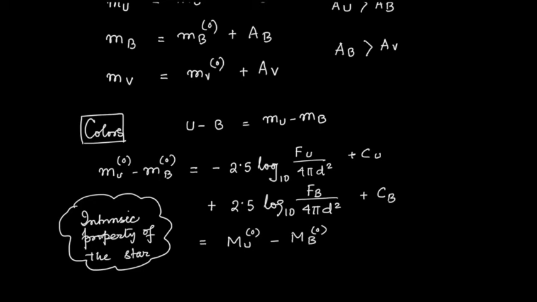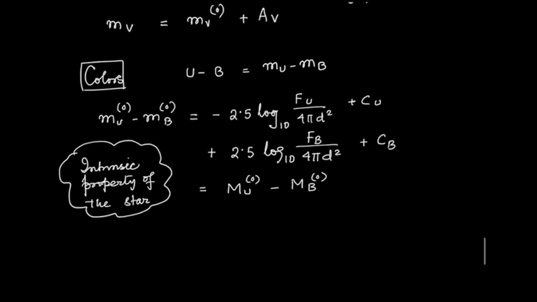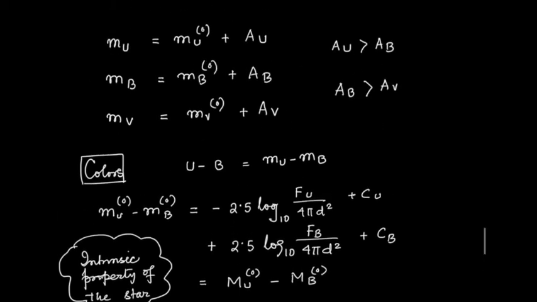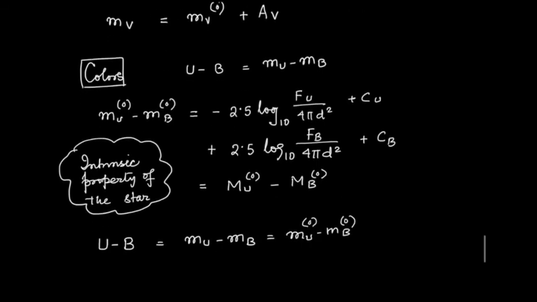But unfortunately, when I do the U minus B in the observed case, it is MU minus MB, which is the original U minus B color, and then I have AU minus AB.